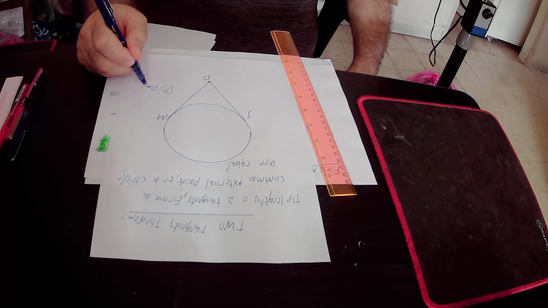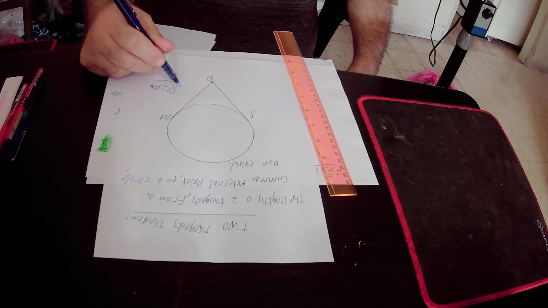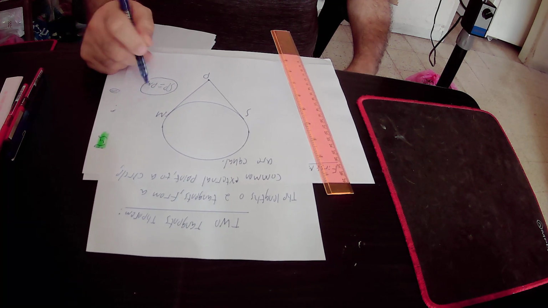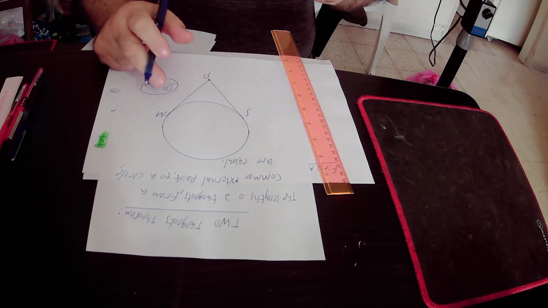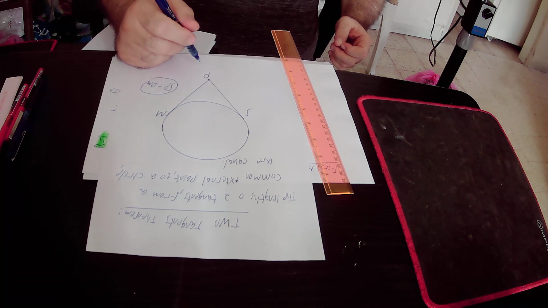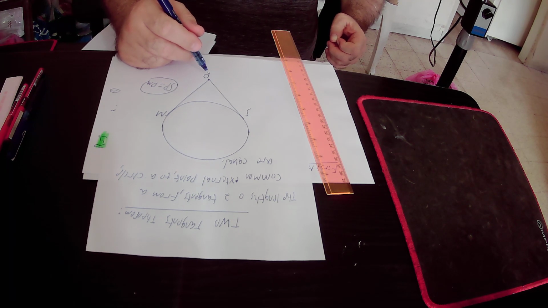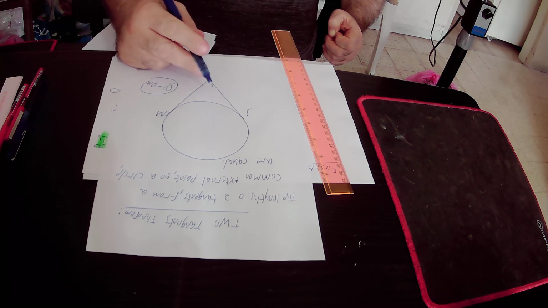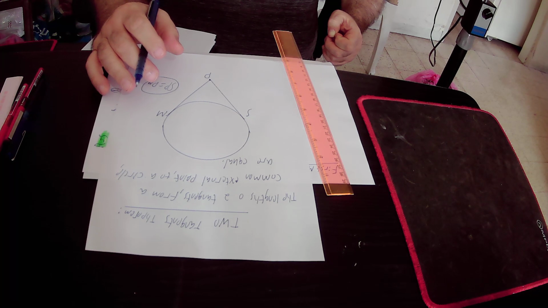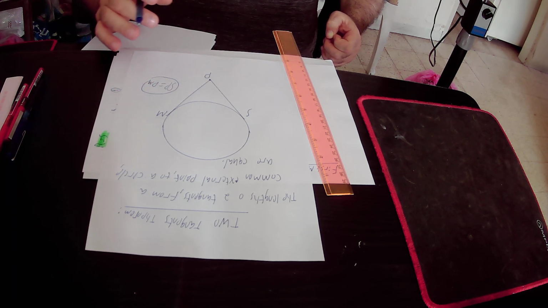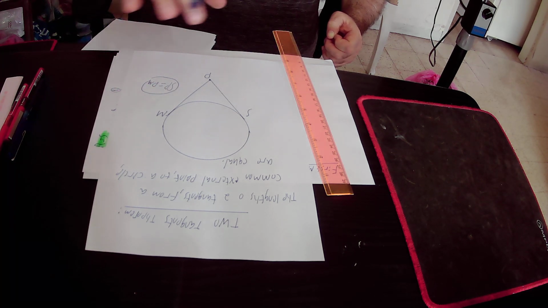Those two lengths are equal because they both exist from a common external point, point P, and both are tangents to the same circle. Therefore, SP equals PM.